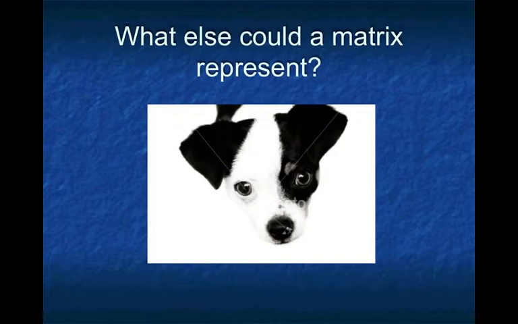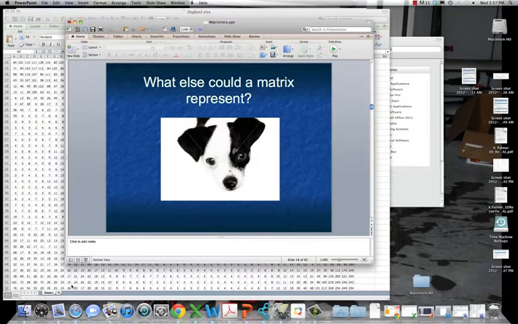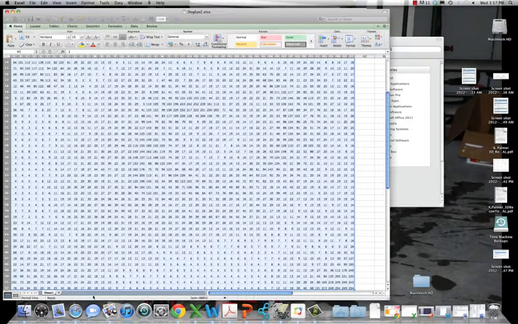Let me just show you a piece of this matrix in Excel. That was just a close-up of the eye. There are some higher numbers, closer to white. These low numbers through here are going to show up as black.